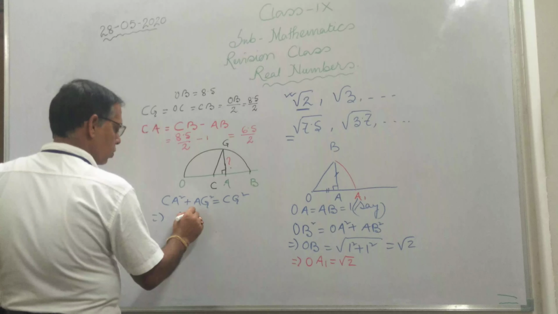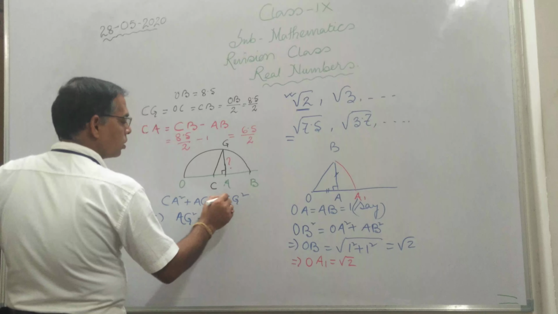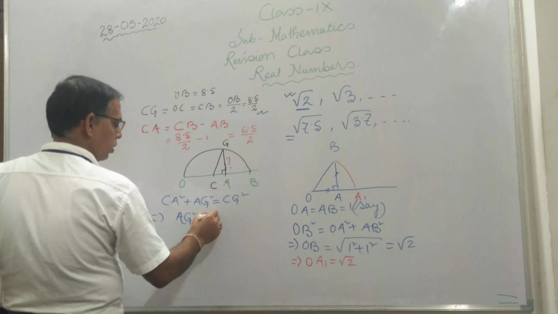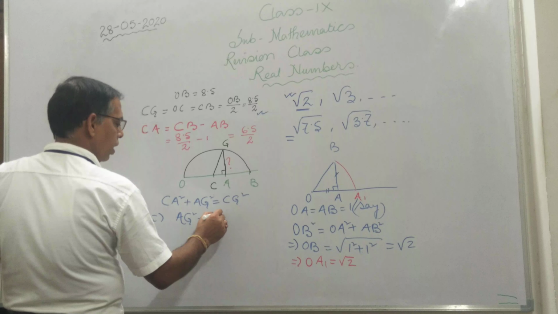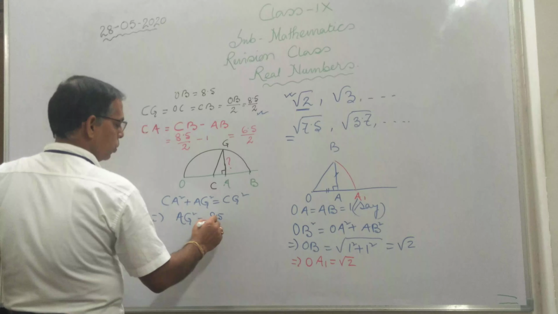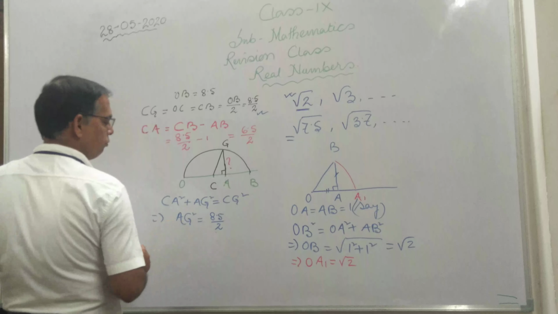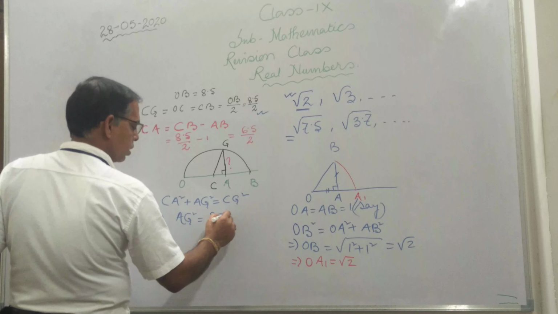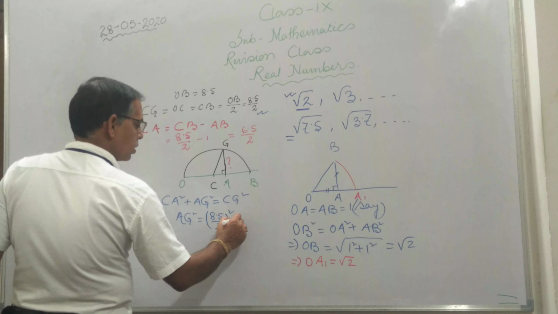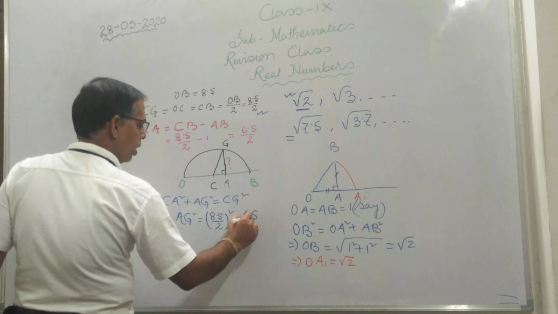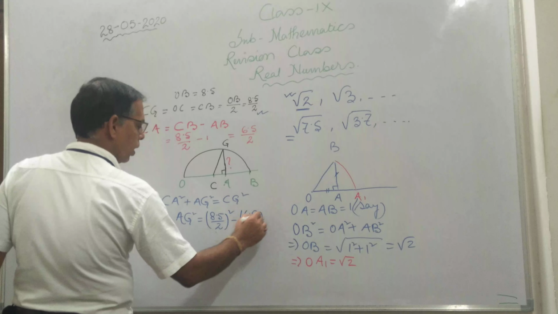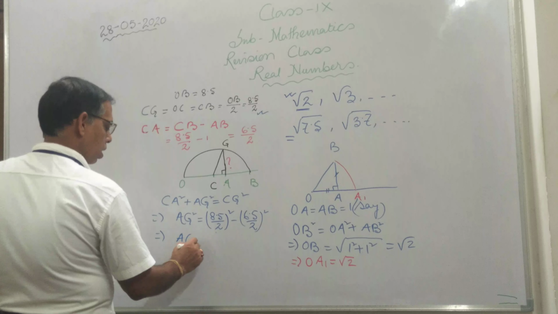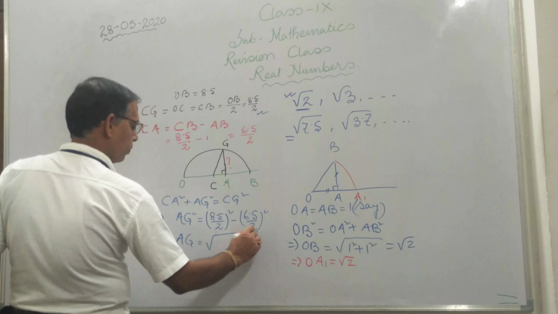So AG square equal to CG square minus CA square. CG is 8.5 by 2, and CA is 6.5 by 2, whole square. Then you take out AG equal to root over.